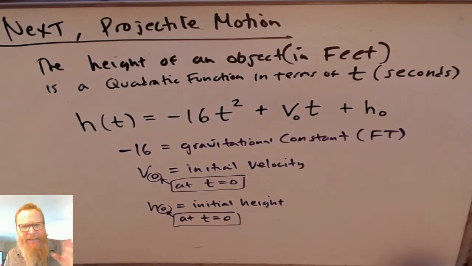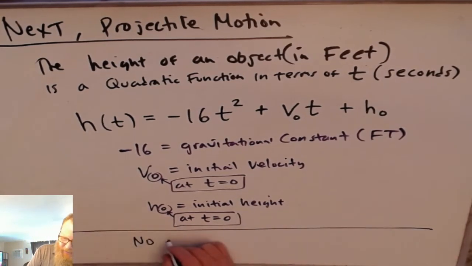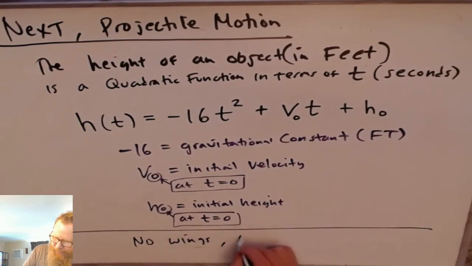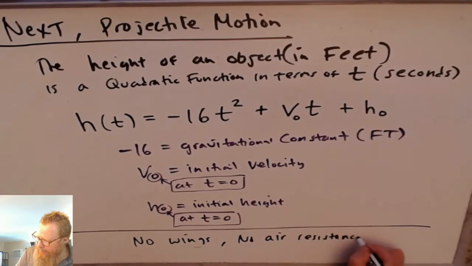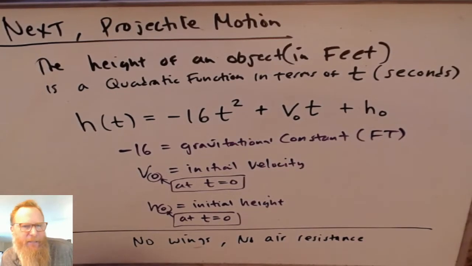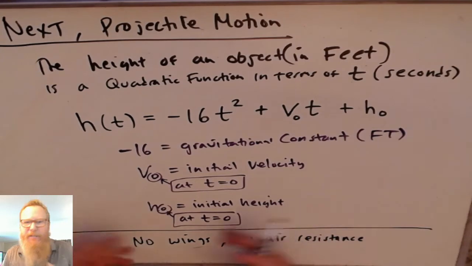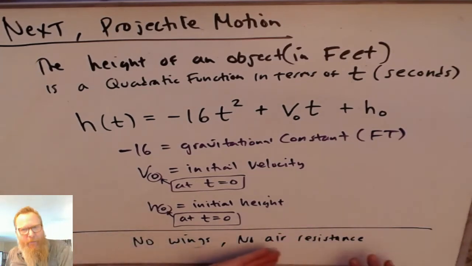Now, a projectile does not have any wings. There's no air resistance. It's a little bit idealistic, but again, most of these models are idealistic. We often start our sentences, well, in a perfect world, there would be no air resistance.